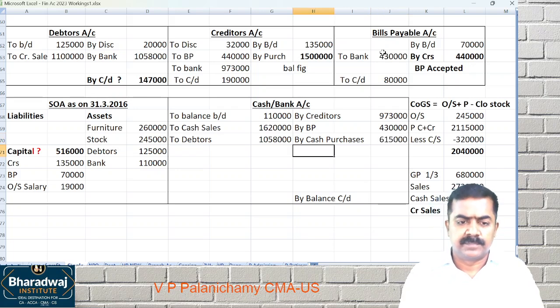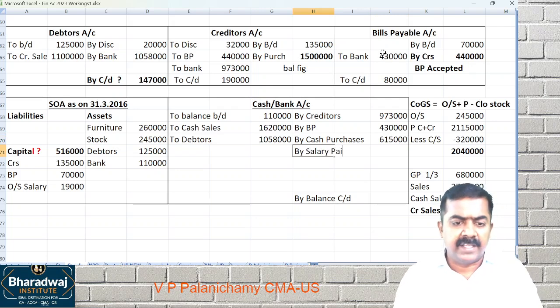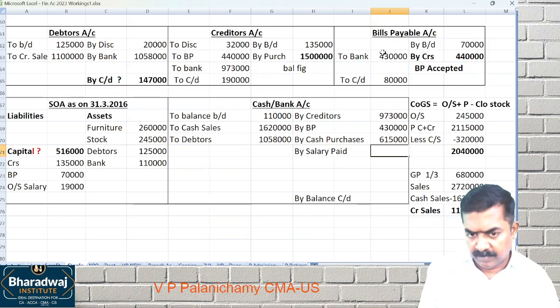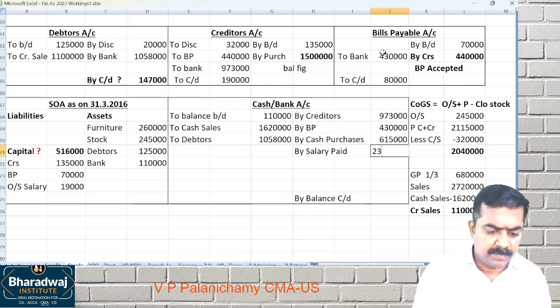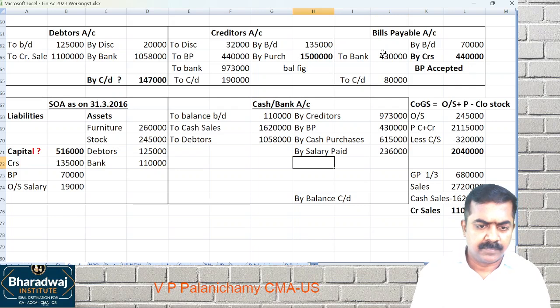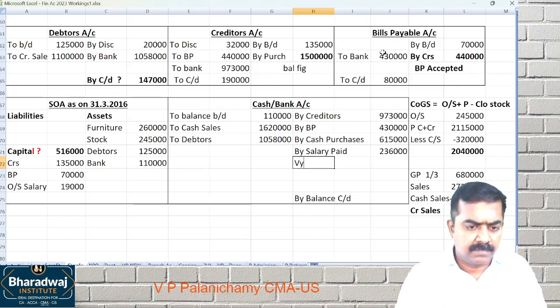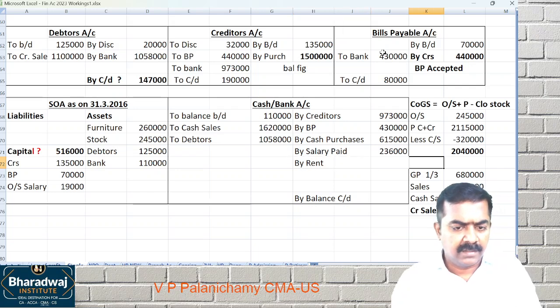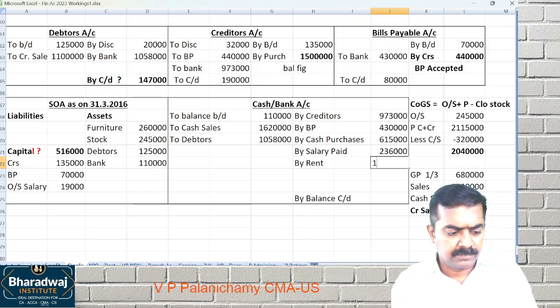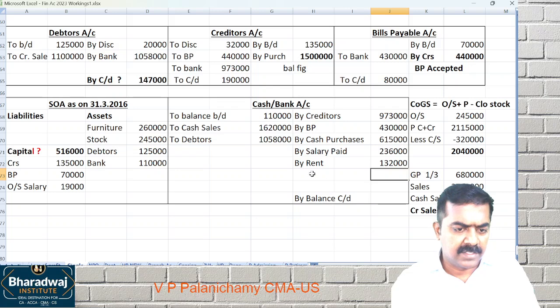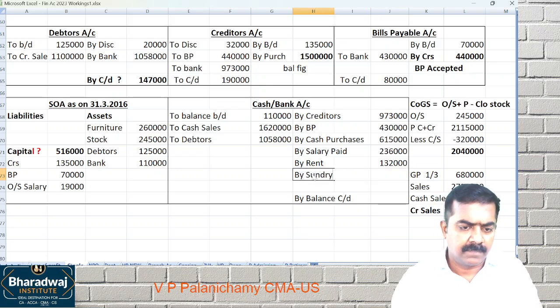Then what else is there? By salary paid. What is the salary paid given in the question? 2 lakh 36,000. Then rent, 1 lakh 32,000. By sundry expenses 81,000.